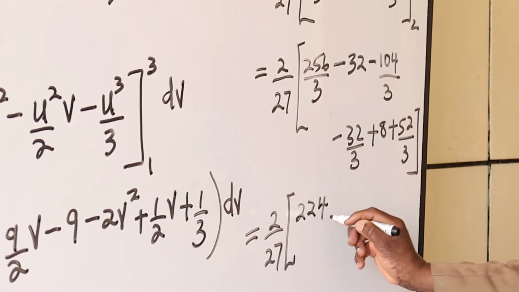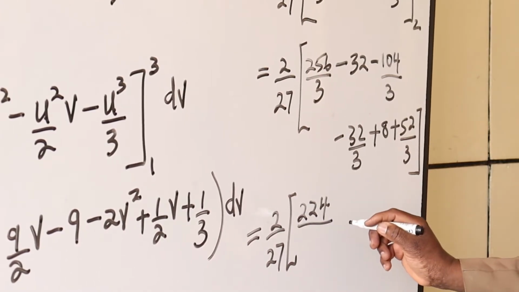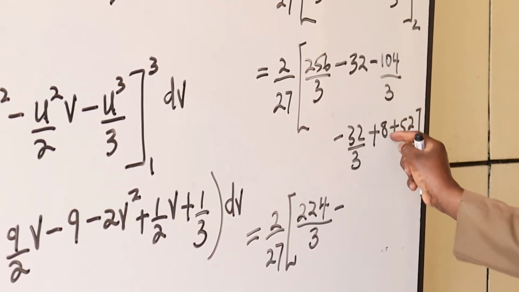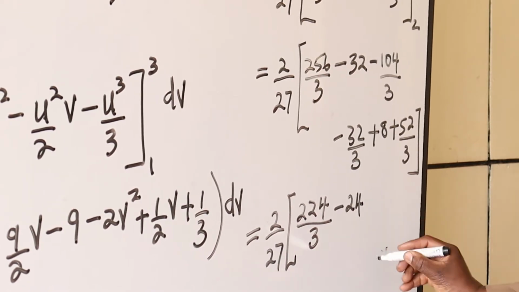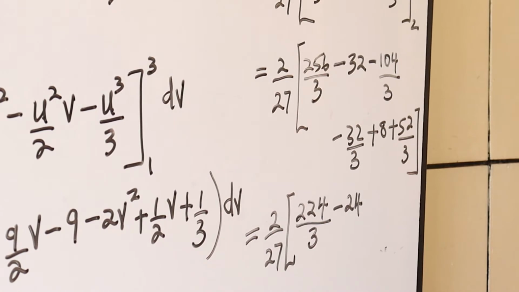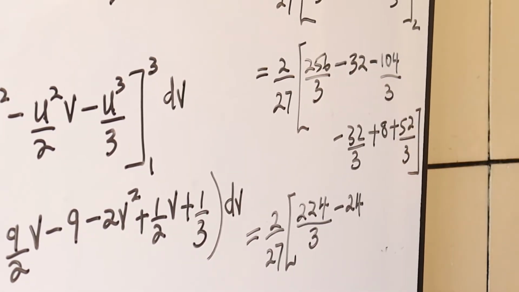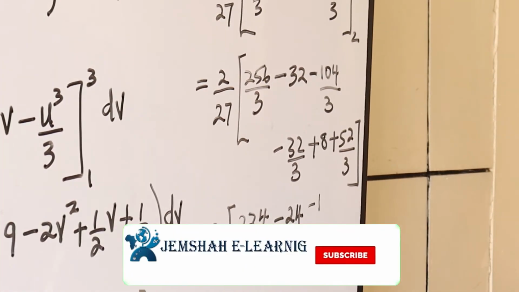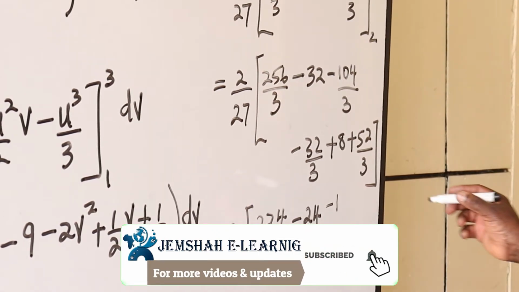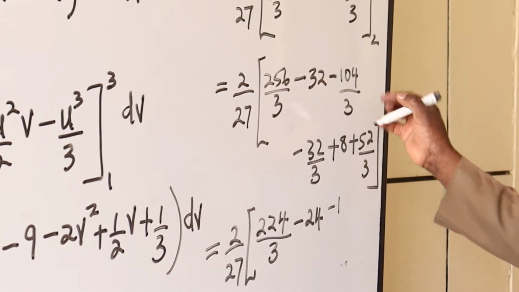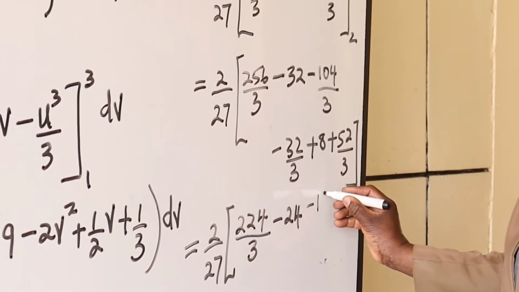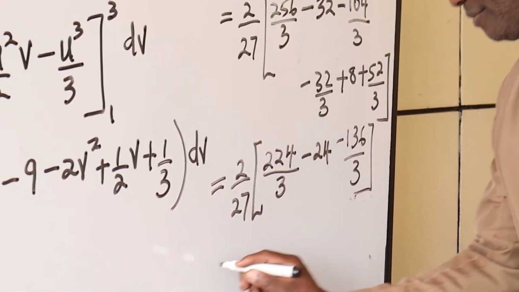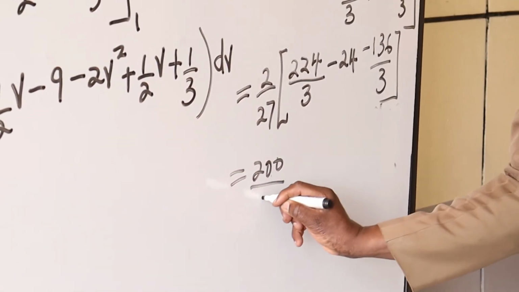This is 224 over 3, minus 24, and so this is minus 136 over 3, which comes to 200 all over 81.